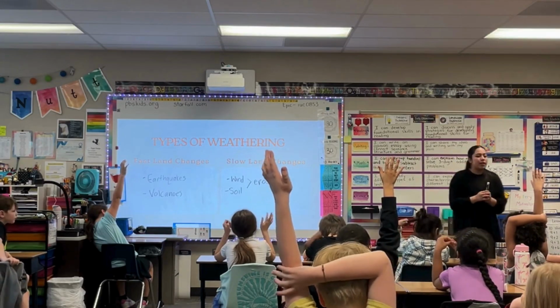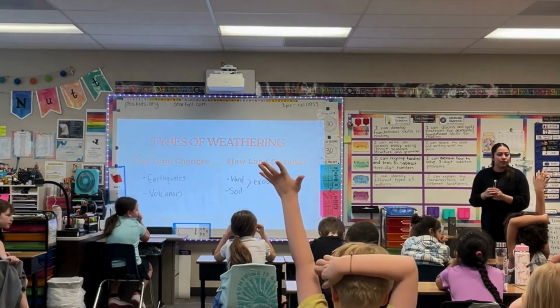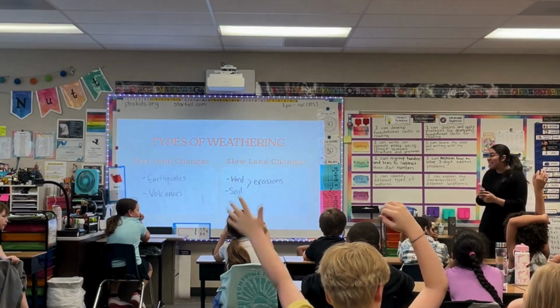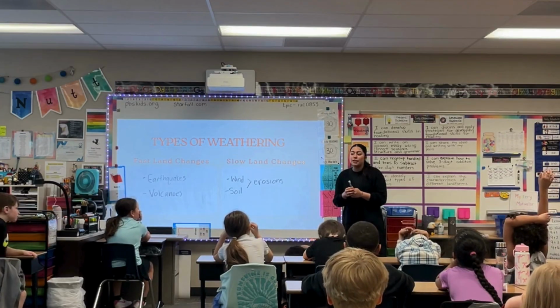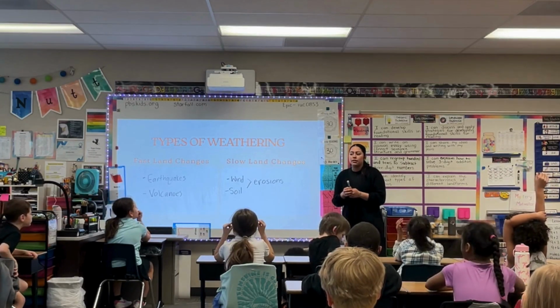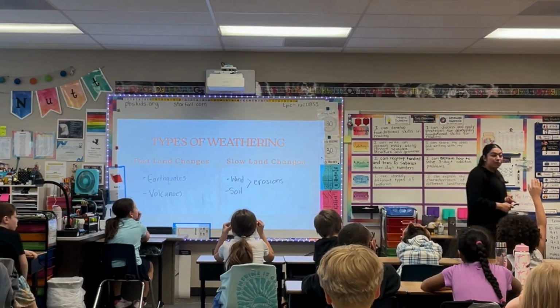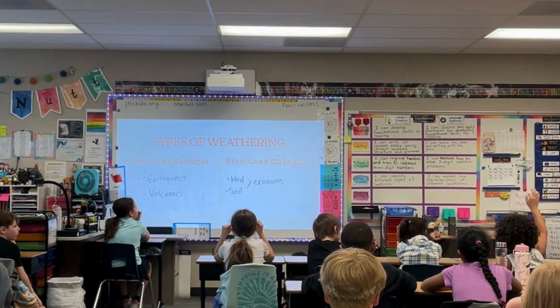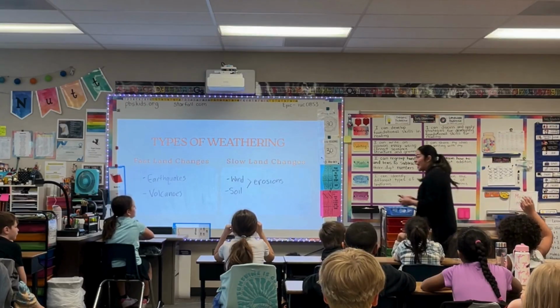What about an earthquake? Ada? Minutes and hours. Earthquakes can change land in minutes and hours. Brooks, can you face the right way though and sit right? Thank you. So, earthquakes can shake buildings and break them like that church we saw, right? And it can cause cracks in the earth within minutes and hours.